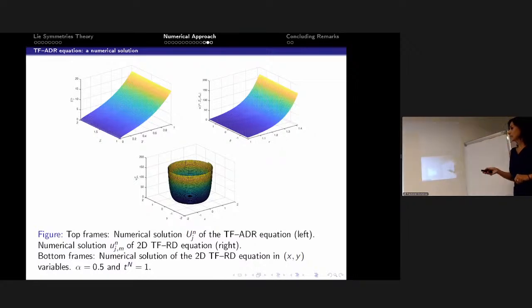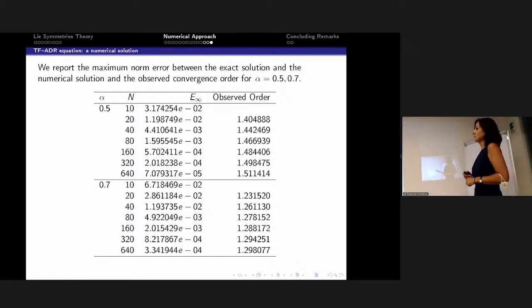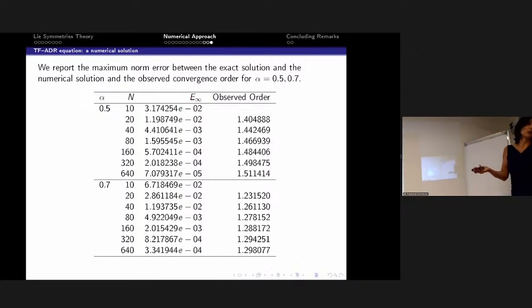Also in this case, in order to show the reliability of our procedure, we show you the maximum norm error and the order of convergence, and as expected, we obtain the same order of the L1 numerical method.